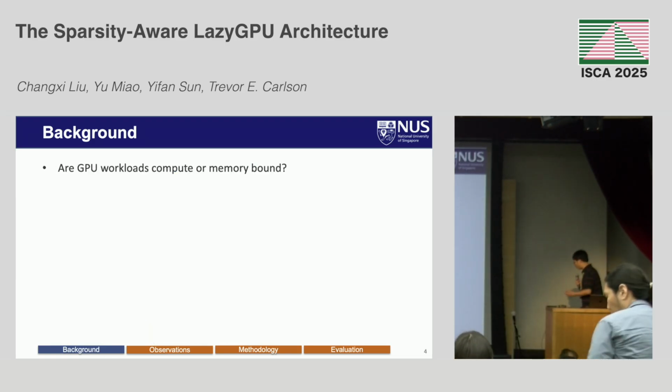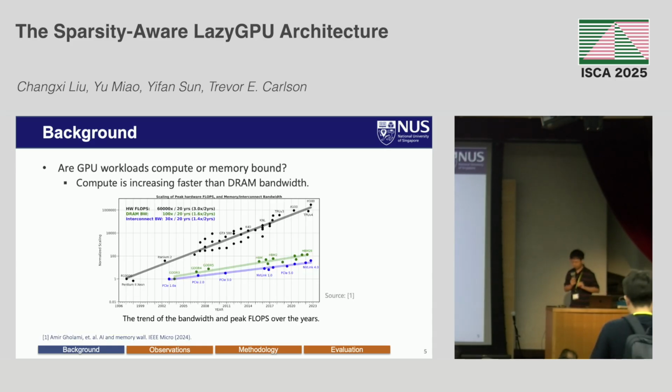So the question is: are GPU workloads compute or memory bound? There is a paper published last year at ISCA called AI and the Memory Wall. In the paper, they listed the trend of bandwidth and peak performance, peak FLOPS, over the years.